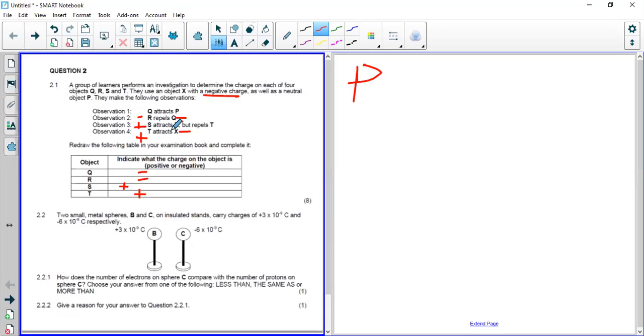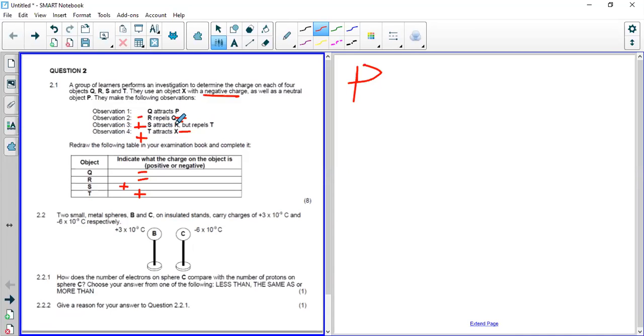So it means S and R have different charges. Then S repels T. So it means S and T are repelling, so they have the same charge. But we know T is positive. Therefore, S is also positive because of repulsion between S and T. Then, if S is positive, it means R is negative.